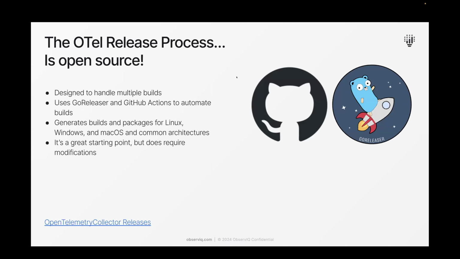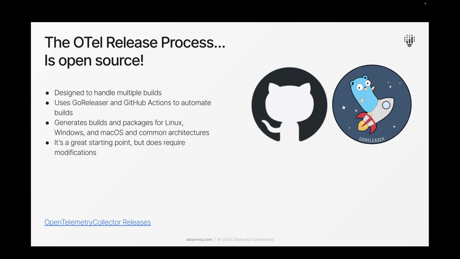So we'll look at this in just a second, but in general, there is a dedicated repo for OpenTelemetry releases. It's part of the OpenTelemetry project. It handles multiple builds. Right now, it handles 3: core, contrib, and a new Kubernetes build. But it can be extended easily to add more. It uses GoReleaser and GitHub Actions as the primary solutions for automating those builds.